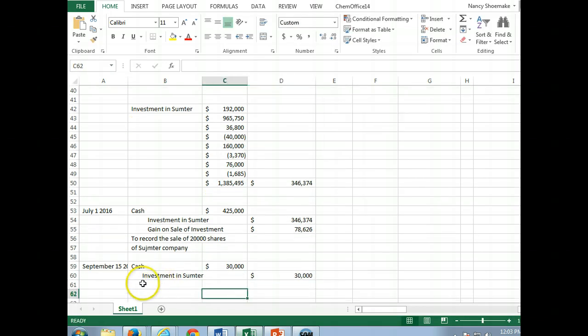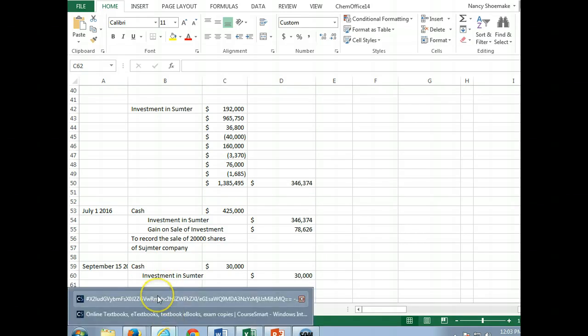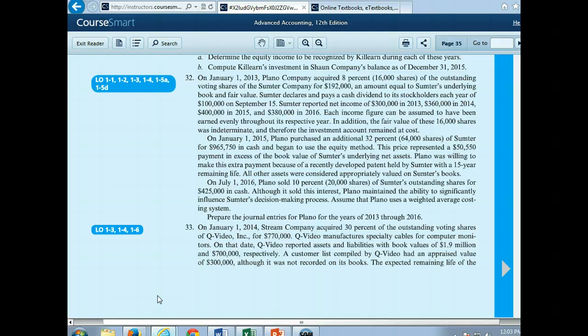Then, when we show the income, we're going to show the income in 2016 was $380,000. We now own 30%, but we're only going to take it for half a year, because remember how we accrued it up until July?